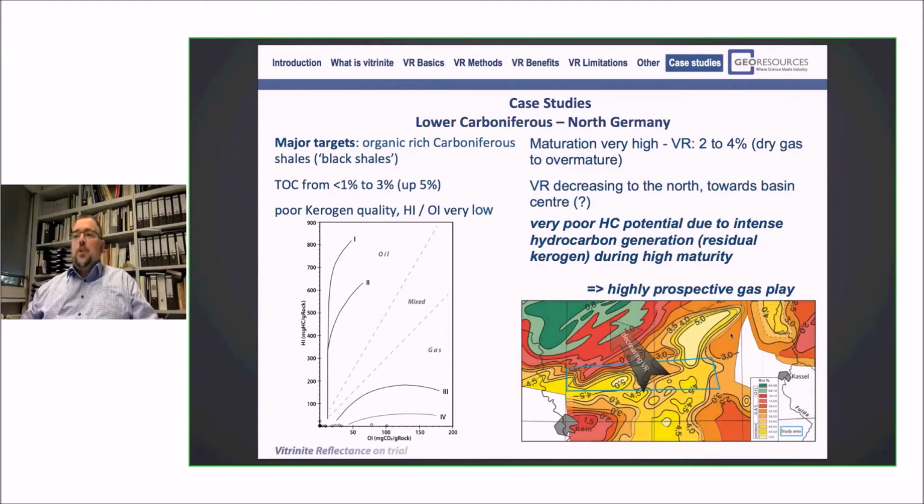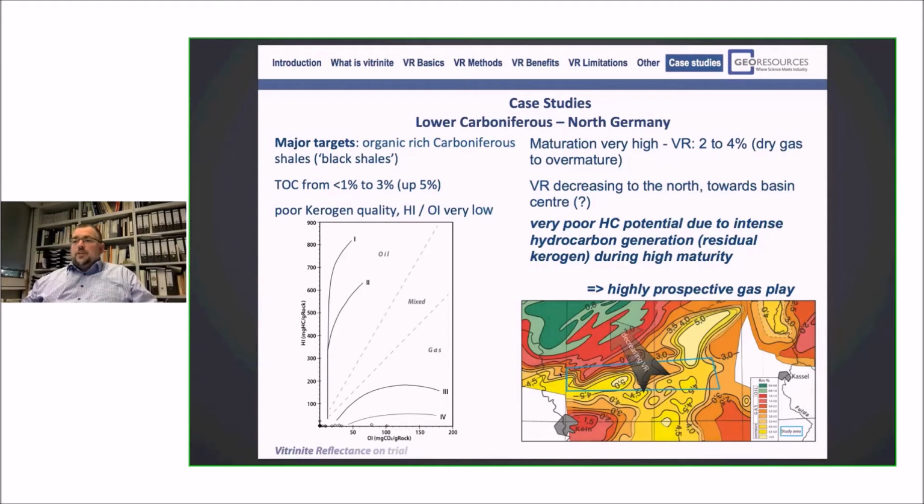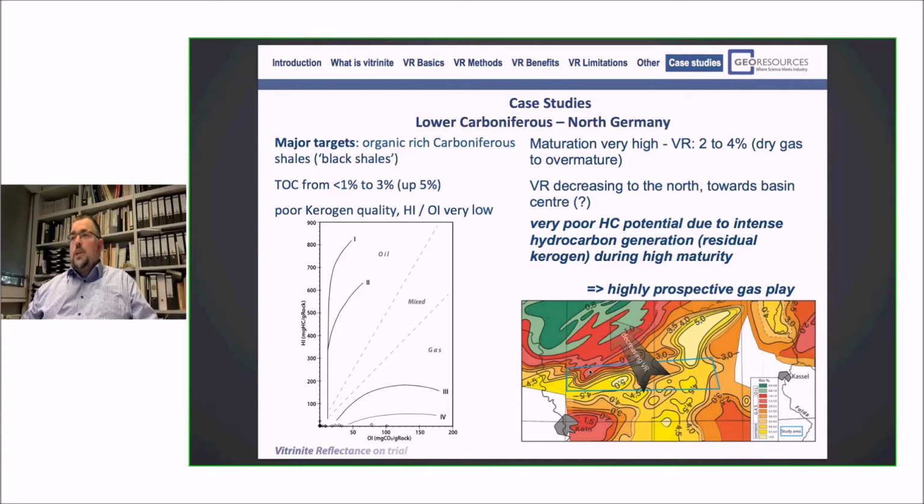The maturation in this area, so the study area is in this blue frame, seems to be very high. So we have something from about 2% to over 4%. Here we have even areas with up to 5% vitrinite reflectance.